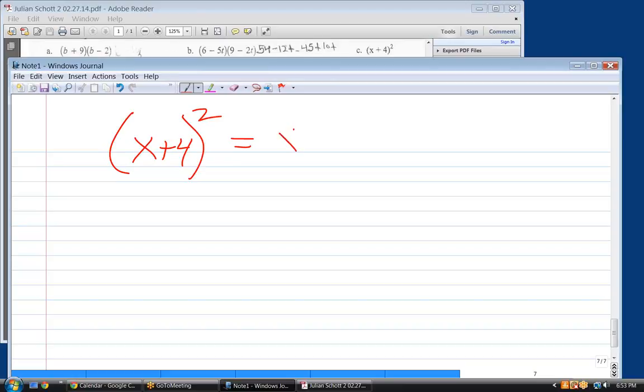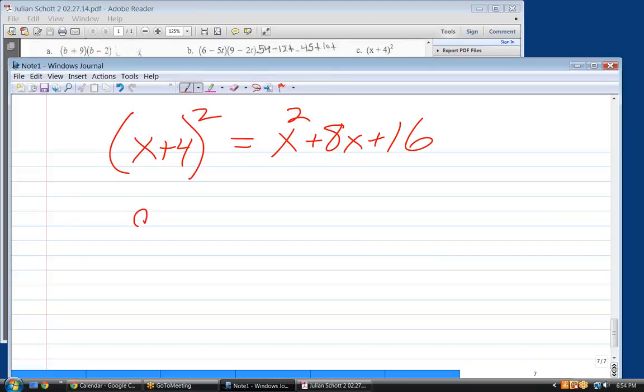X squared plus 8x plus 16. Very good. That you knew that those two middle terms would add to 8x without having to do that step.